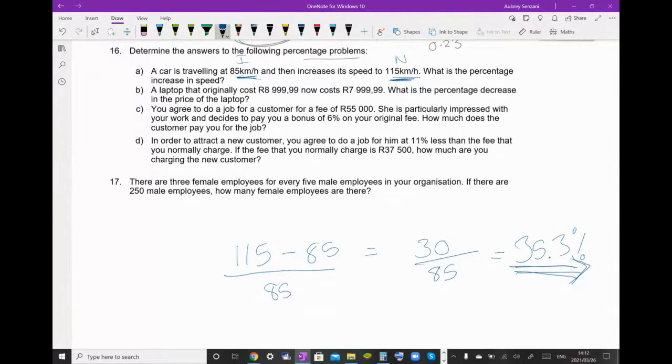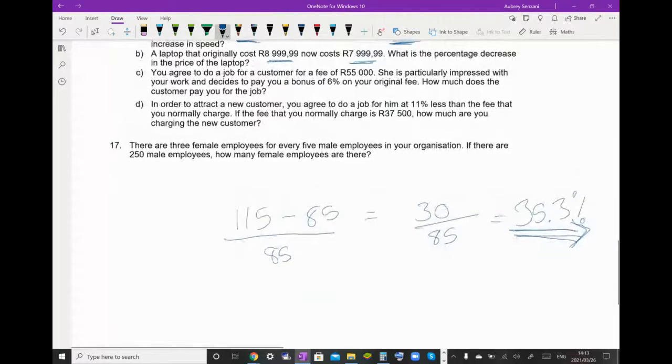Okay, so the next question, they are asking us: a laptop that originally cost 8,999.99 now costs 7,999.99. What is the percentage decrease in the price of the laptop? Again, we use the same process.